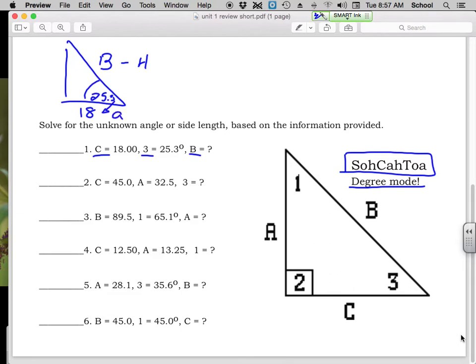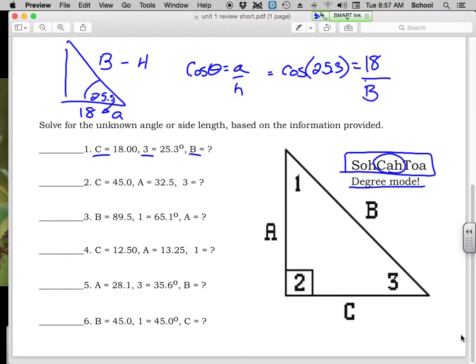So if I have A and H, I say to myself, hey, A and H go together with cosine. So I'm going to say cosine of the angle is A over H. So that tells me cosine of what angle? 25.3 equals A, which was 18 over H, which is B.